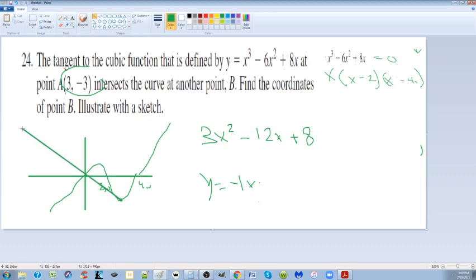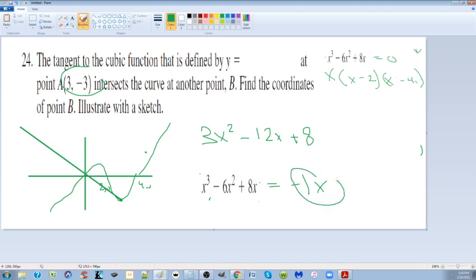Beautiful. Look at that. So the question is, when does this line intersect the cubic curve again? Well, any two objects are going to equal each other when their formulas are equal. This curve is going to have the same y coordinate as the line that I just discovered, which is equal to minus 1x.